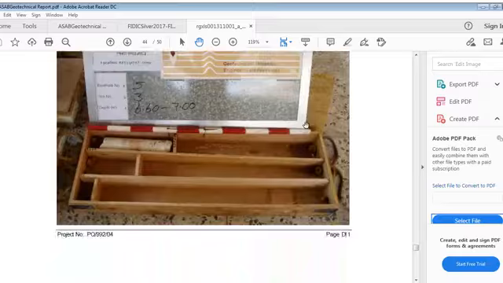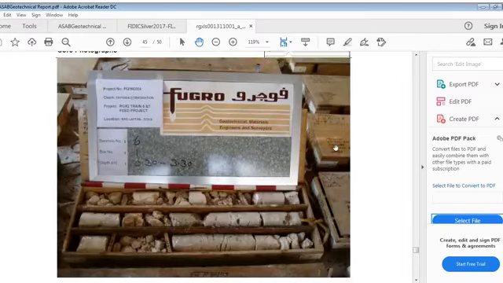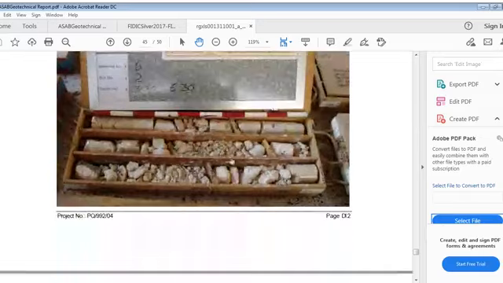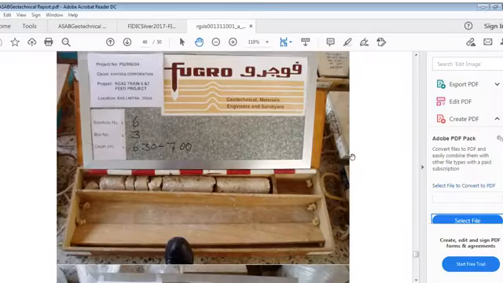See, it's not very good. It's still 50-50 or 45-50. You see, very bad here. It may be 25. See, 25.